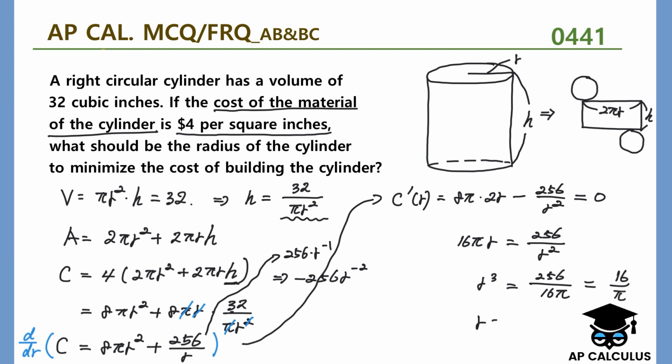So r is 16 over pi to the power of 1/3. And that's the only critical point where C prime is equal to 0. So the cost of the cylinder is minimized when the radius r is equal to 16 over pi to the power of 1/3.